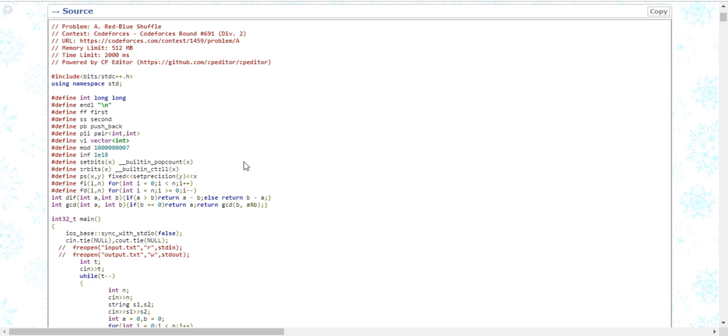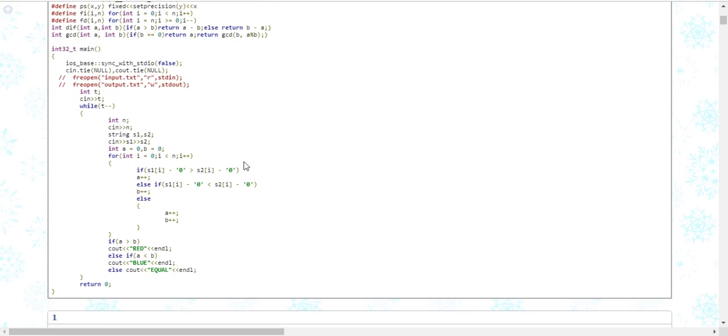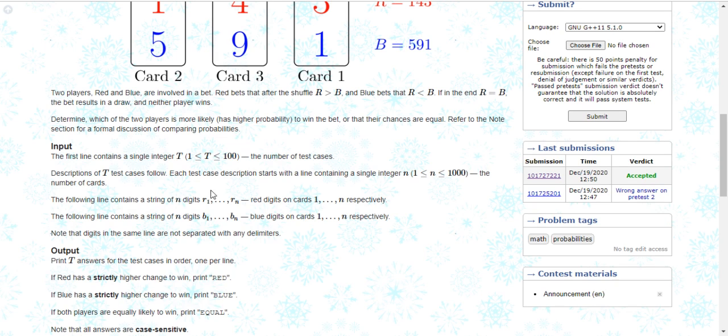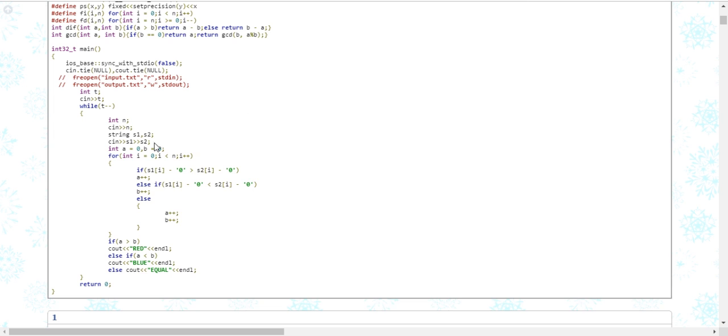Now we come to the submission code part. The input is given in the form of a string of n digits. We have taken t test cases.